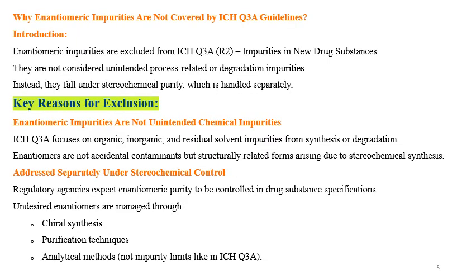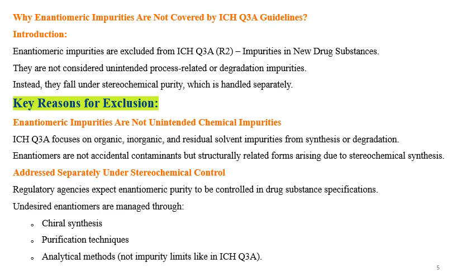Then, why the enantiomeric impurities are not covered by the ICH Q3A guidelines? Enantiomeric impurities are excluded from this guideline as they are not considered unintended process related or degradation impurities. But these impurities fall under stereochemical purity, which is handled separately.